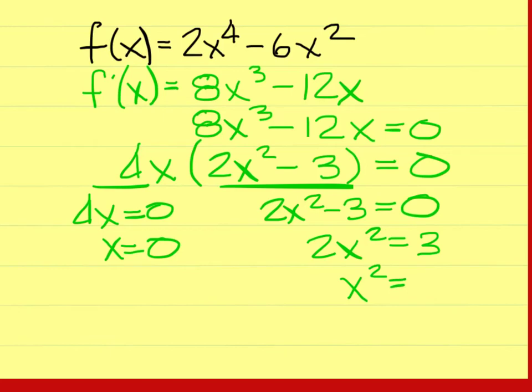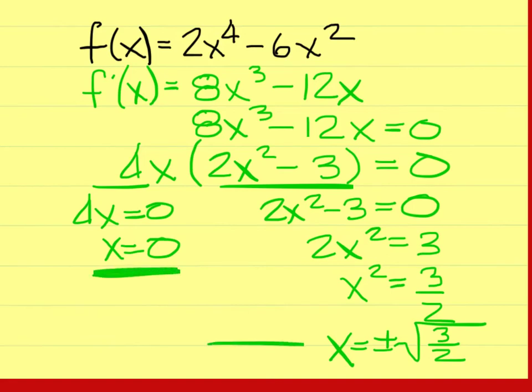And you end up with x squared equals 3/2, which of course means x equals plus or minus the square root of 3/2. That means you have 3 critical points. This is 0, and when you break up the plus or minus on the square root of 3/2, you end up with a negative square root of 3/2 and a positive square root of 3/2. So we have 3 different things to check.